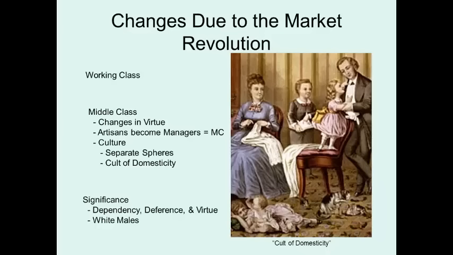These new public roles for women will also lead them to get involved in morality issues like temperance, which is the no drinking of alcohol, and of course with abolition. Women are going to be very involved in the abolitionist movement. And it makes sense. Remember, we talked about the parallels between the mistress of a plantation and the slaves.